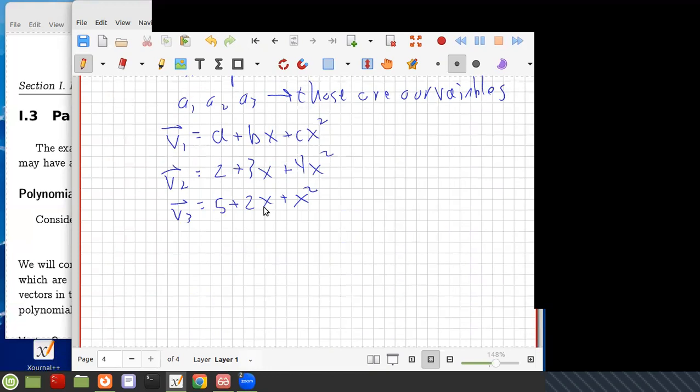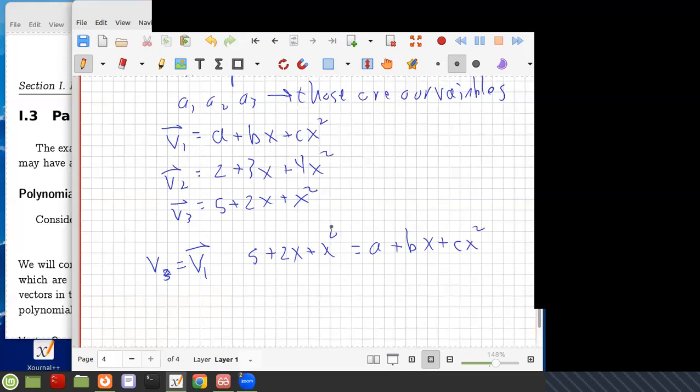So if I say that V3 equals V1, this equation says these are the same polynomial. If I wrote that out, that would be 5 plus 2x plus x squared equals A plus BX plus CX squared.